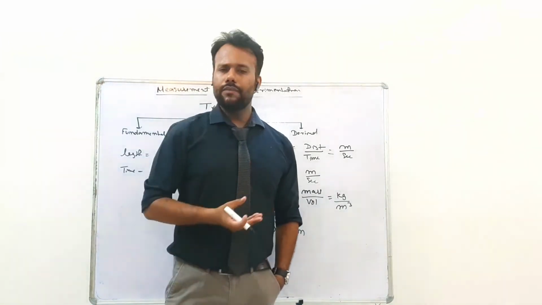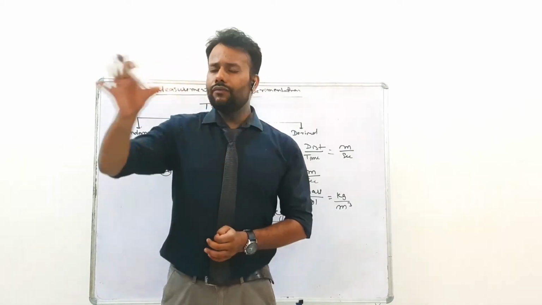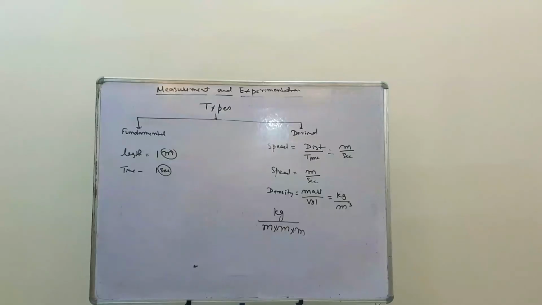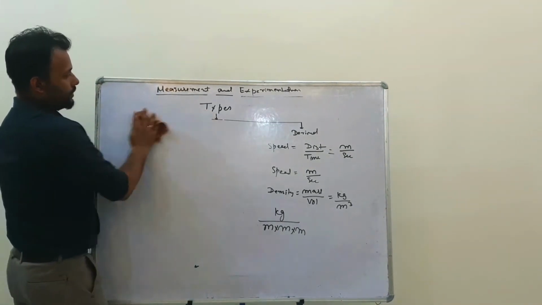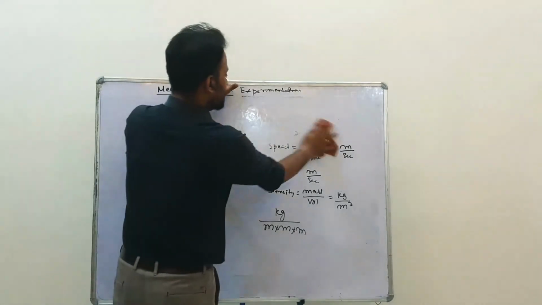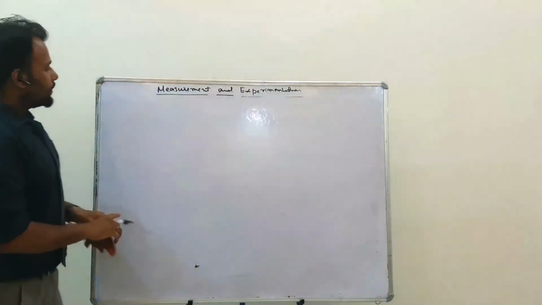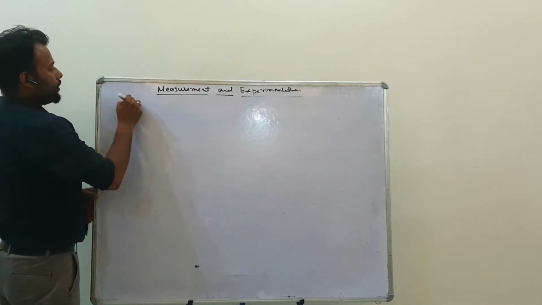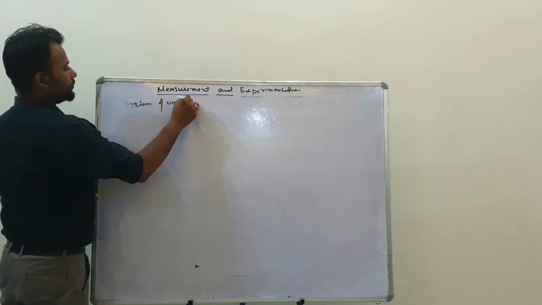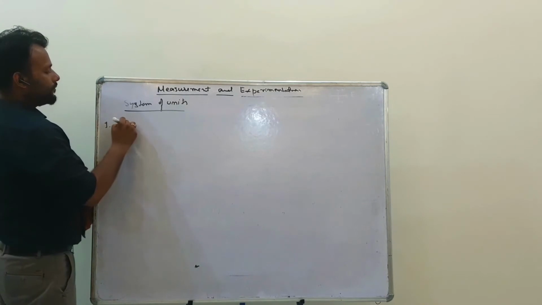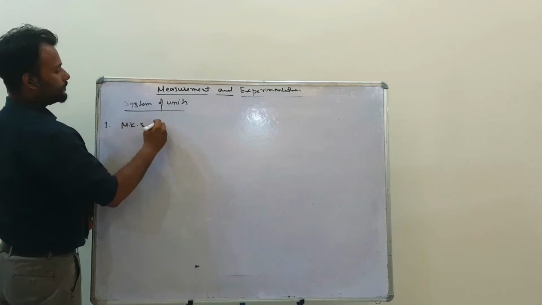Now let's talk about the system of units. There are certain systems of units we follow in physics and in every science. The first, which is the most used system, is called the MKS system.